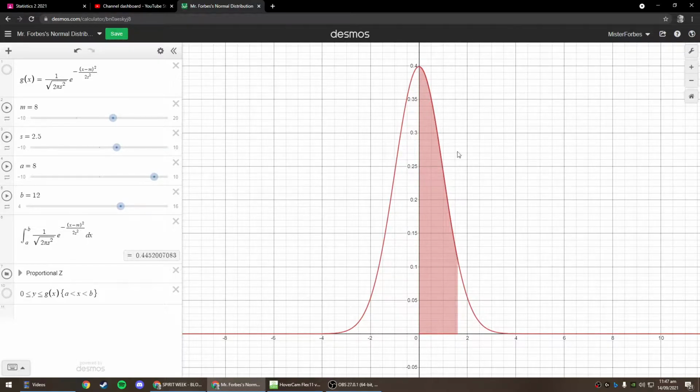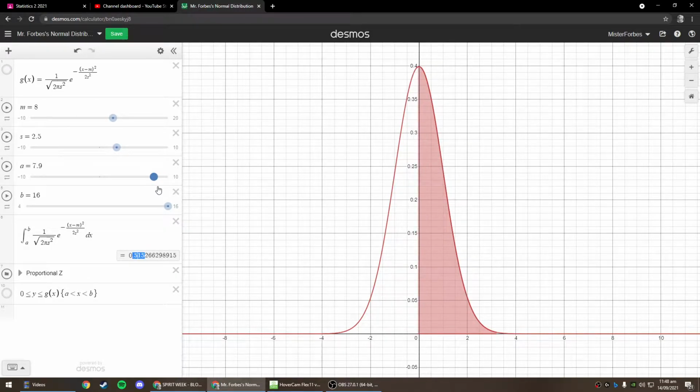If we were to shade the whole area underneath the curve, so I'm actually just going to do that, you see that the probability starts getting closer and closer to the number 1 as we shade the whole area. But what we're normally looking at is between the number 0, oh, I don't actually know what 0 was in the original question.